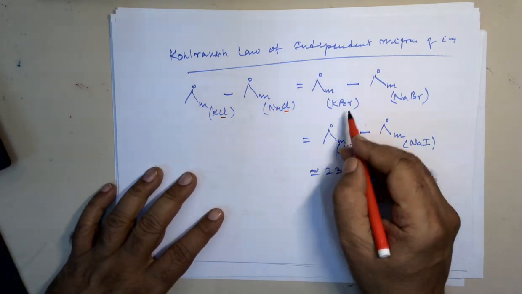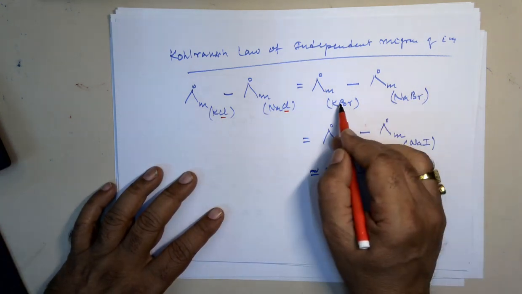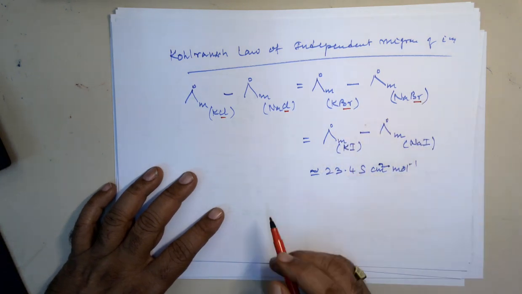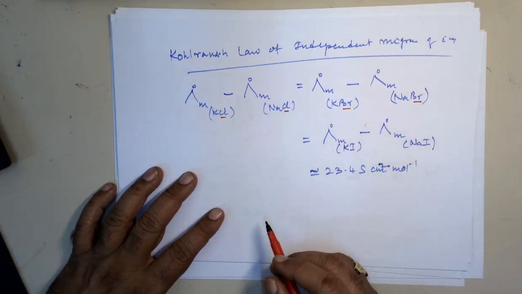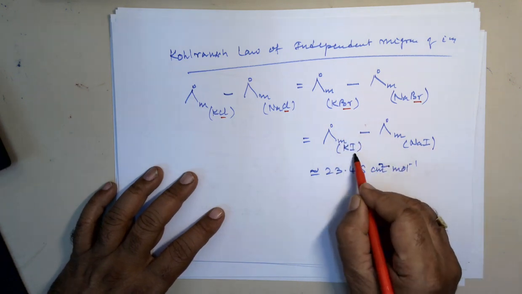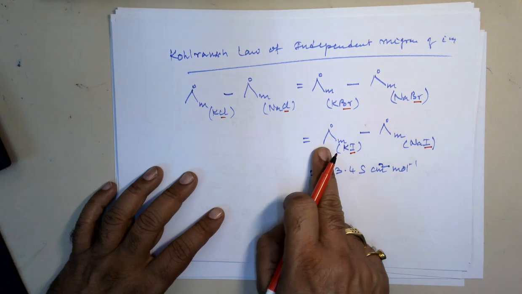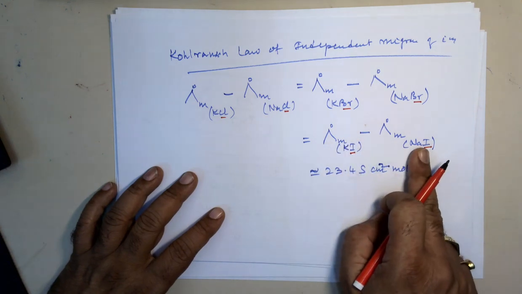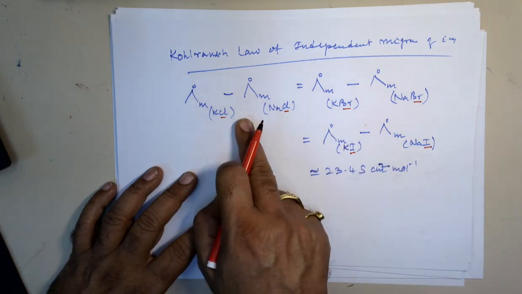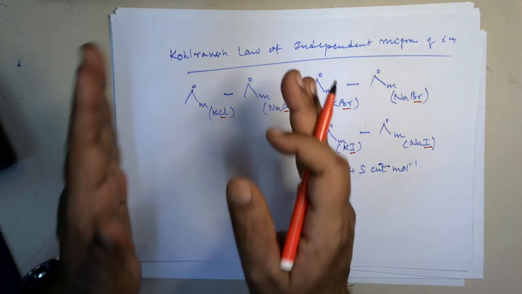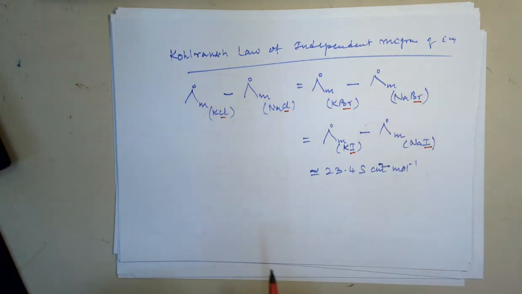In this case, the same potassium salt and sodium salt, but the anions are different. Similarly, here also potassium iodide, sodium iodide, but the focus is potassium and sodium only. It means it is independent of these ions associated, their differences are always constant.